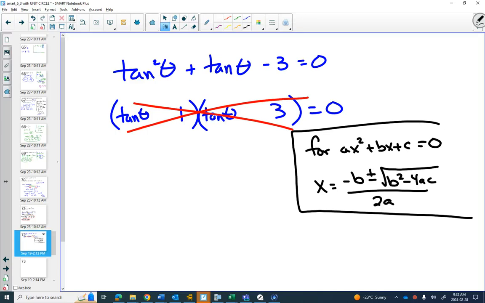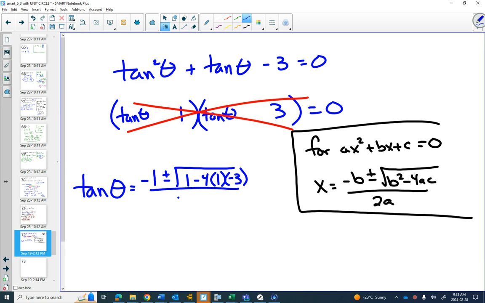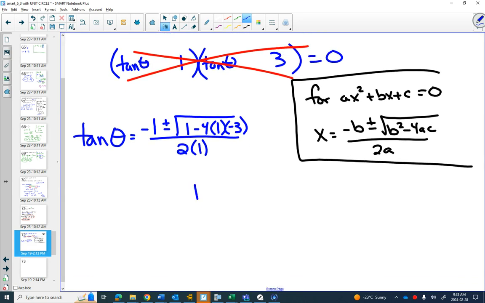We have to write tan theta equals negative b, well b is what's in front of the second one, plus or minus square root b squared, which is 1, minus 4a, in front of the tan squared is 1, and c is negative 3, over 2 times a. And so we get, if I simplify this, tan of theta is negative 1 plus or minus the square root of 13 over 2.